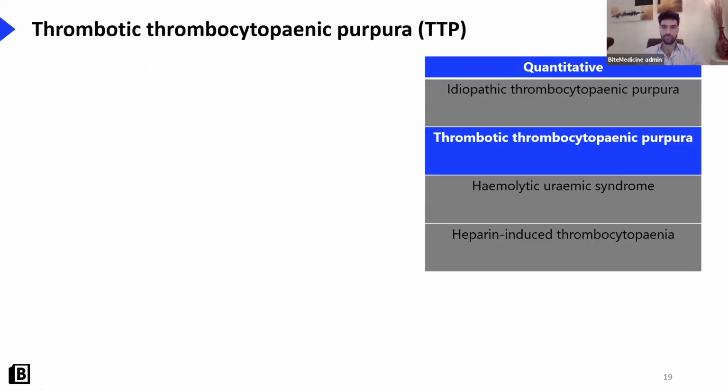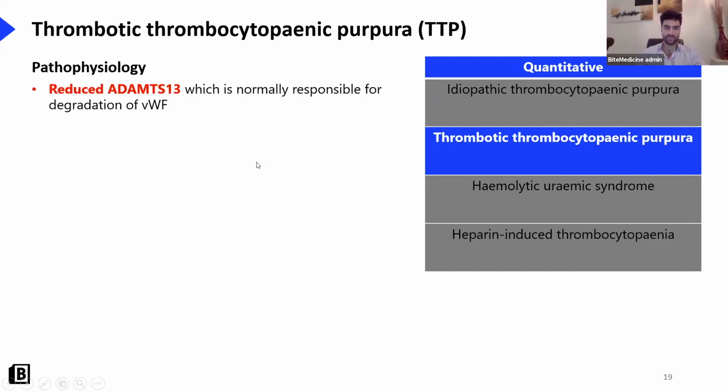Okay, moving on to thrombotic thrombocytopaenic purpura. So what is the pathophysiology? What enzyme is affected in this disease? Good. ADAMTS13 is reduced.